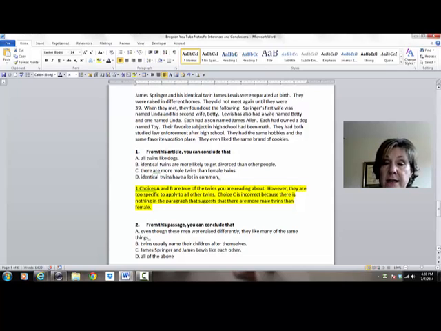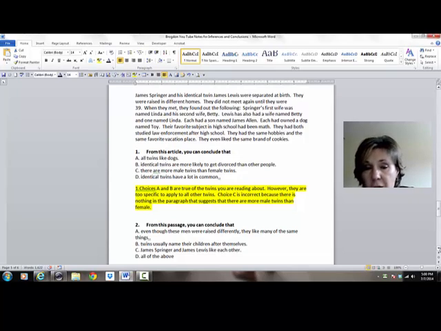Lewis has also had a wife named Betty and one named Linda. Each had a son named James Allen. Each had owned a dog named Toy. Their favorite subject in high school had been math. They had both studied law enforcement after high school. They had the same hobbies and the same favorite vacation place. They even liked the same brand of cookies.